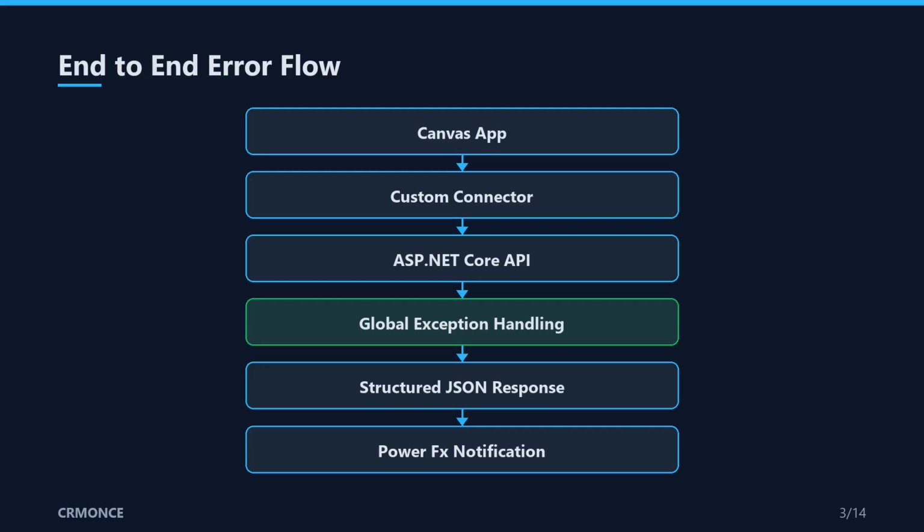The custom connector passes that JSON straight back to PowerFX, where our formulas parse it predictably. The key idea is that PowerApps never has to guess. Whether it is a validation error or a database timeout, the shape of the response is identical, only the content changes. That consistency is what makes error handling maintainable at scale.